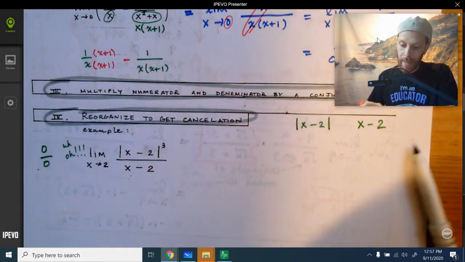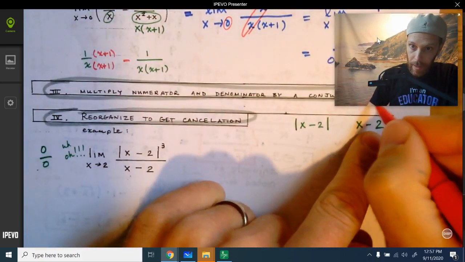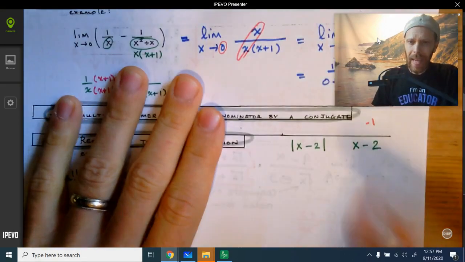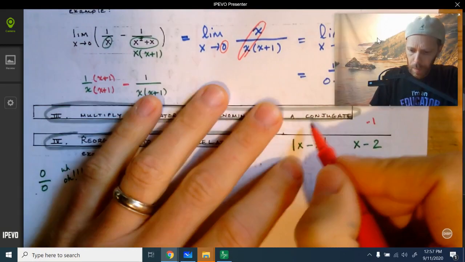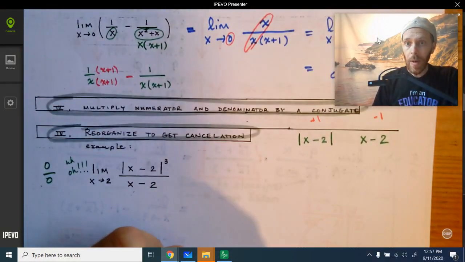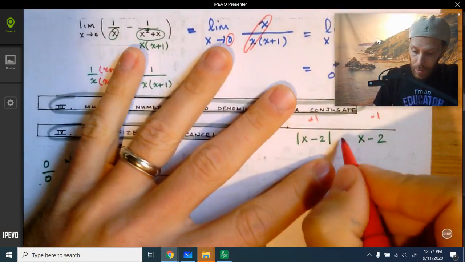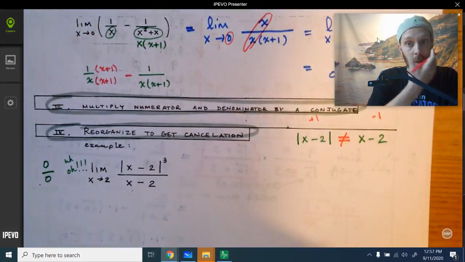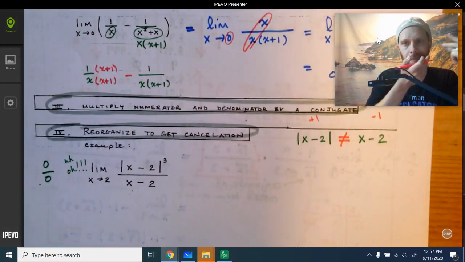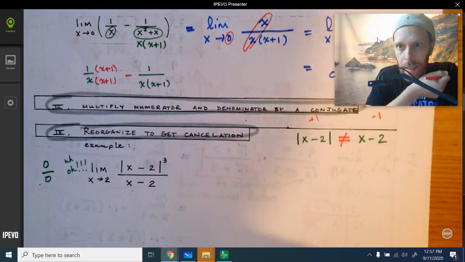If I plug 1 into this side, I get a negative 1. If I plug 1 into this side, I get an absolute value, positive 1. So I found an example where they are not equal to each other. Therefore, they are not in general equal. We can't cancel them. Rats. That was going to be easy, wasn't it?